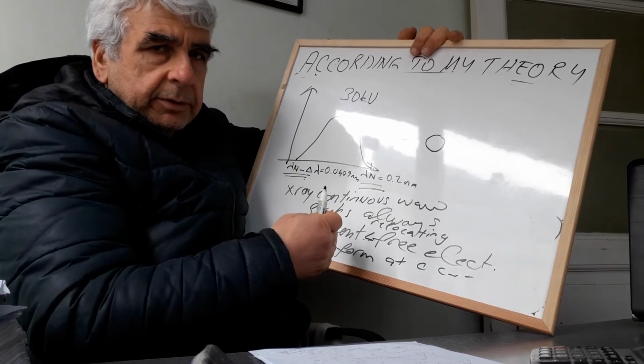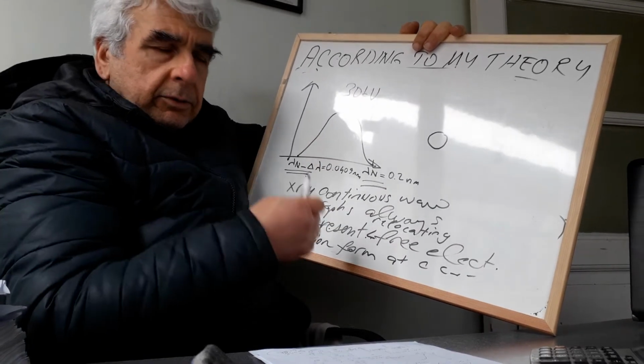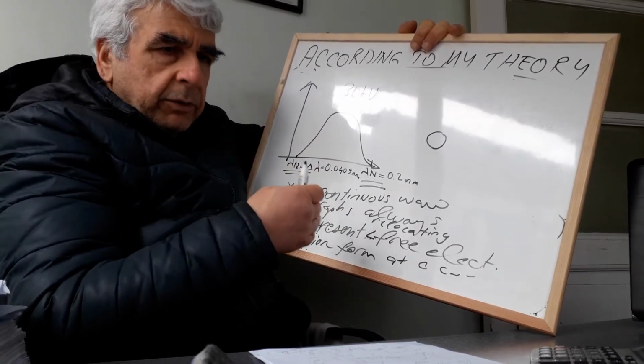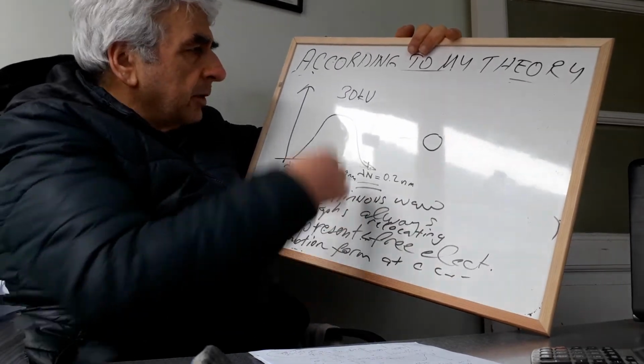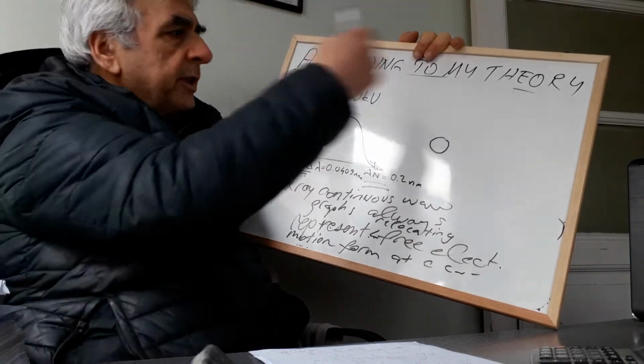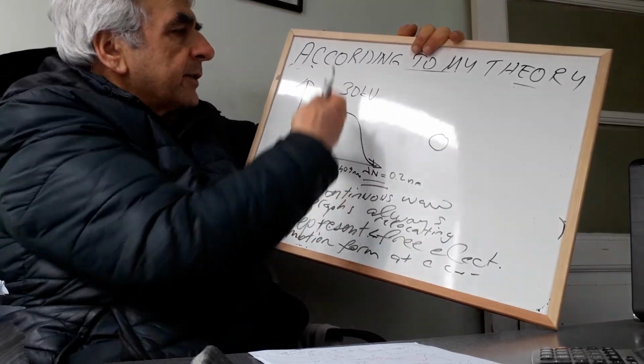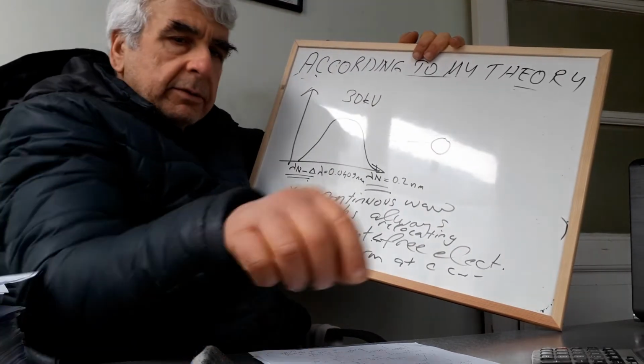It's not important. According to my formulas and my theory, we can solve those accelerating problems. But for a photographic picture, say for instance 30 kV, 40 kV. Okay.